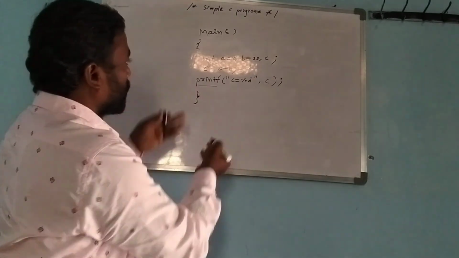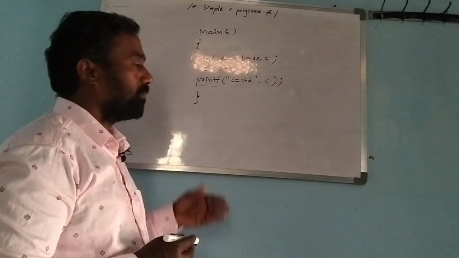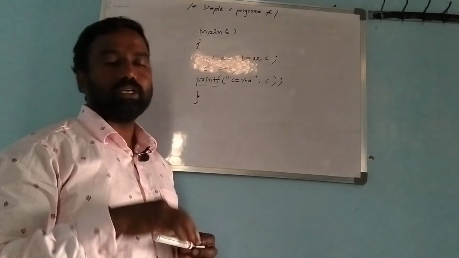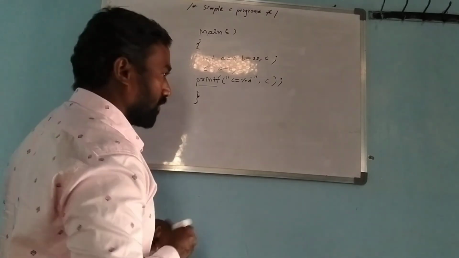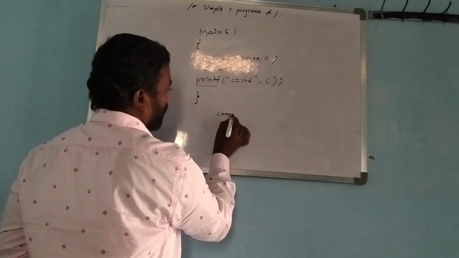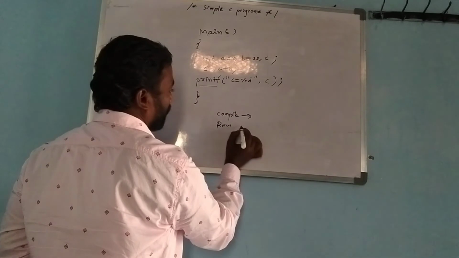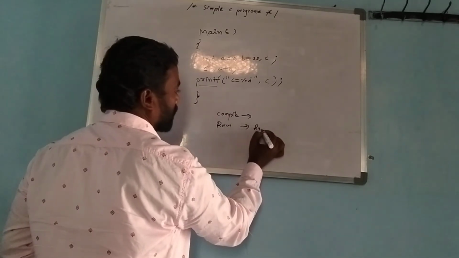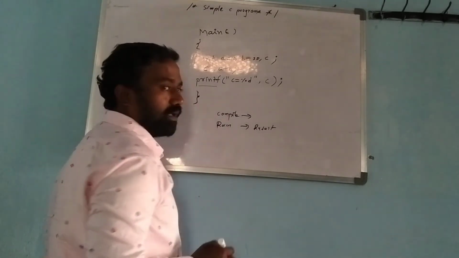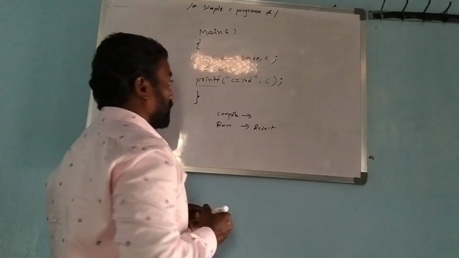So how can we execute this program? In the compiler we see compilation as well as run. When we compile this program, there are no errors. When we run the program, the result will be displayed on our C compiler.